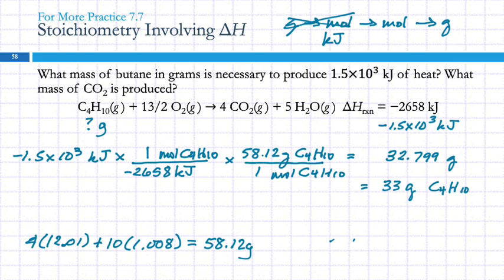C4H10. And then it is also asking us what mass of CO2 is produced. So you could do this different ways. You could take this mass and go grams to moles to moles to grams. Or you could take this amount of energy and go kilojoules to moles to grams of the other thing. And that's what I'm going to do because it seems easier to me. So we're wanting to know about moles of CO2 now.